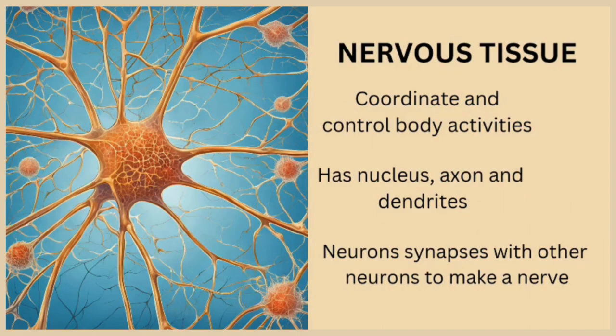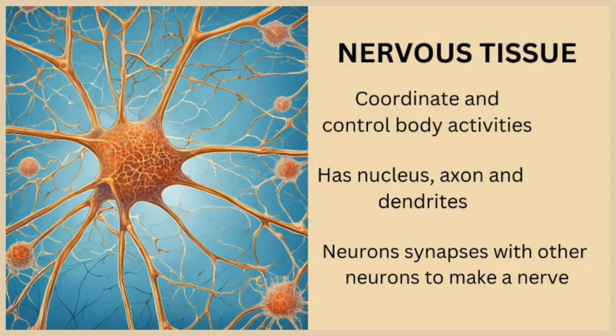Nervous tissue is made up of neurons and glial cells and is found in the brain, spinal cord, and nerves. These cells generate and conduct electrical impulses that allow cells in the nervous tissue to communicate with one another. Neurons have three main parts: the dendrites, cell body, and axon.